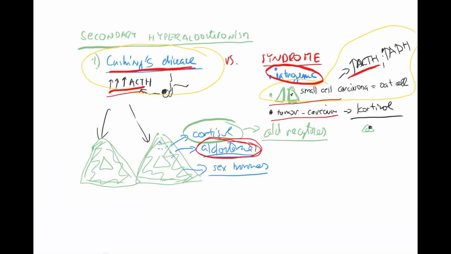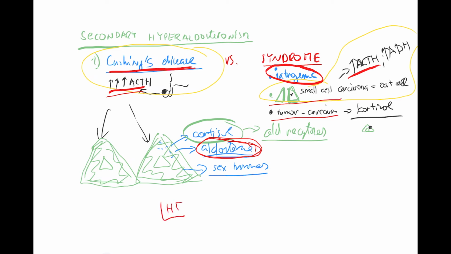So another example of secondary hyperaldosteronism is renovascular hypertension. And by the way, still Cushing's, these people will have hypertension, as I said.